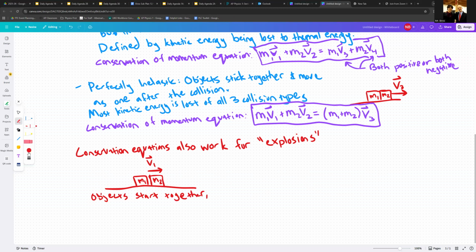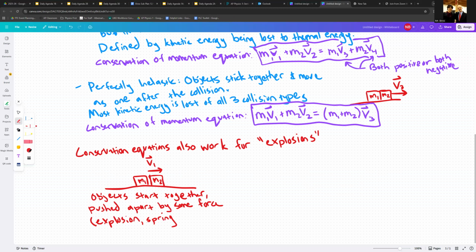And then they are pushed apart by some force. This is where the phrase explosion comes in. Sure, it could be an explosion. There could actually be something exploding that pushes these two apart from each other. It could be just a spring.